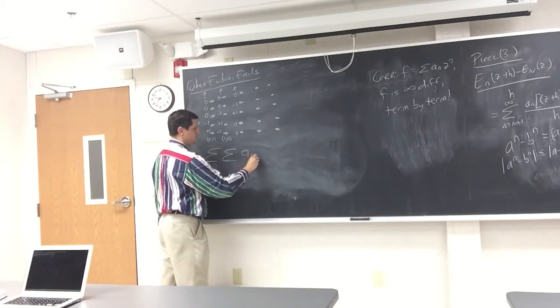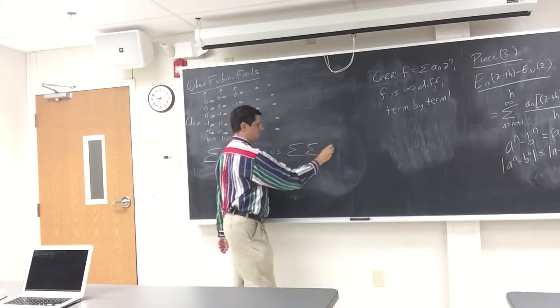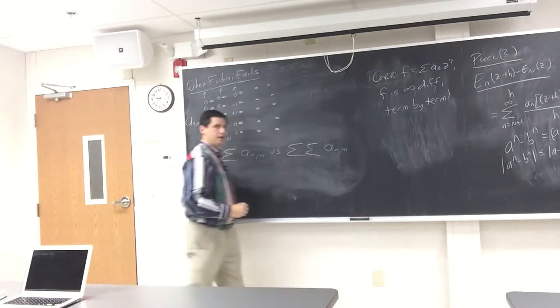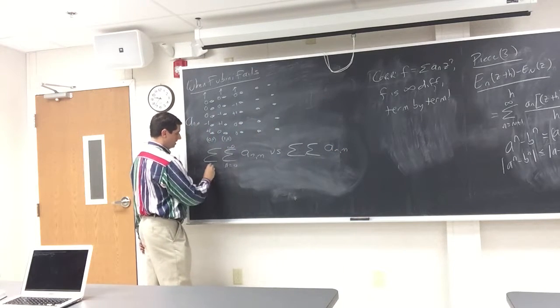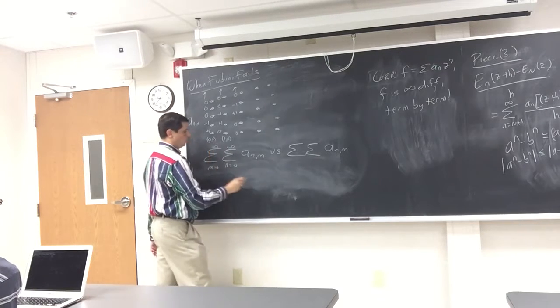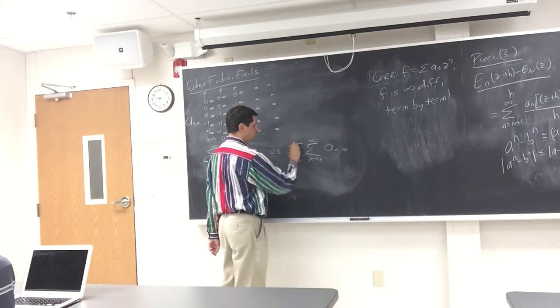So we want to study, it's like the battle of the giants. But now I have to be careful, and I want to write my sums. This one will be n goes from 0 to infinity, and then m goes from 0 to infinity, whereas this one will be first m goes from 0 to infinity, and then n goes from 0 to infinity.